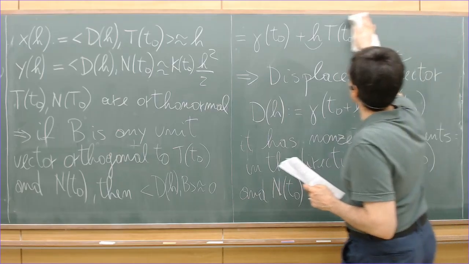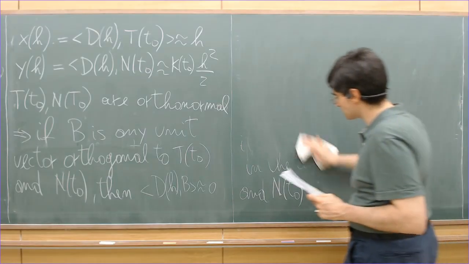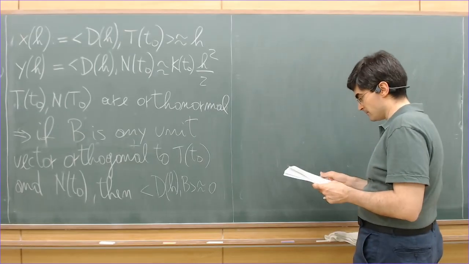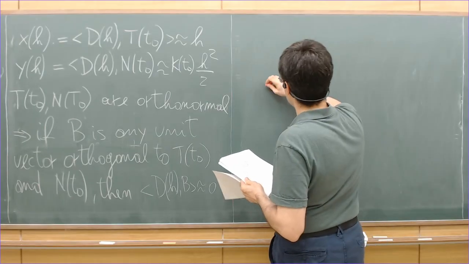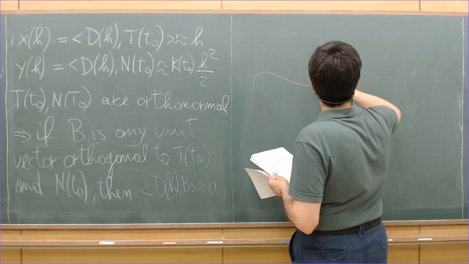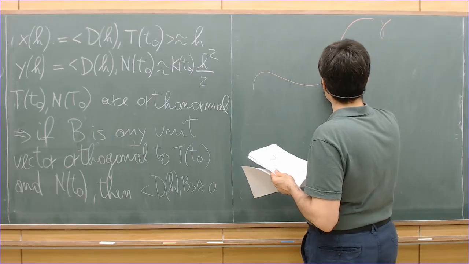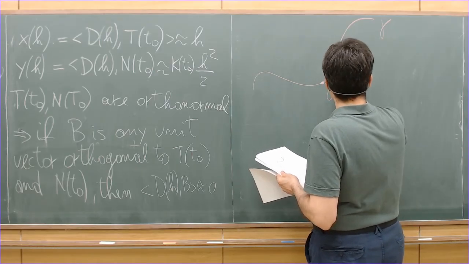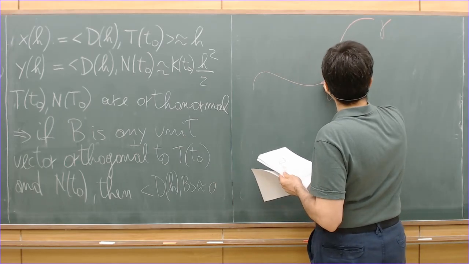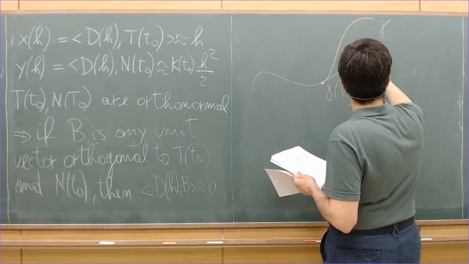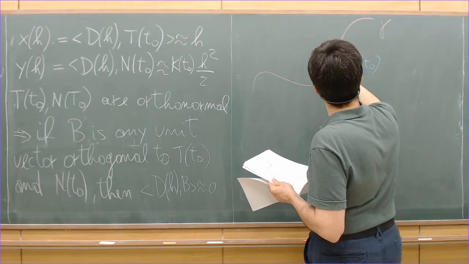Now let's try to make a picture. Suppose that this is the curve gamma, the trace of the curve gamma. Suppose that this is gamma of t0. Suppose that this is T at t0 and this to be N of t0.